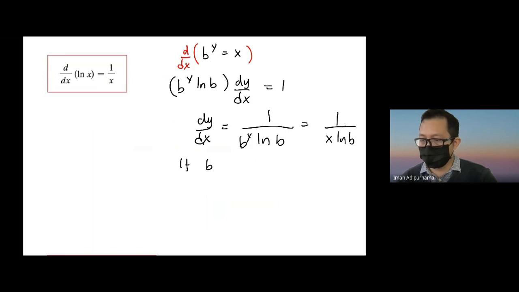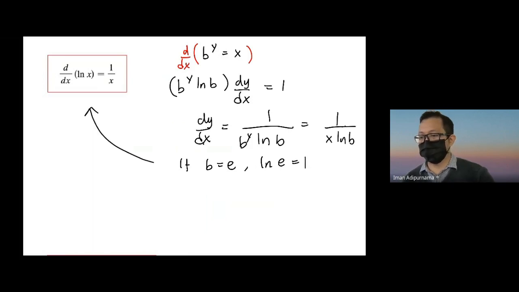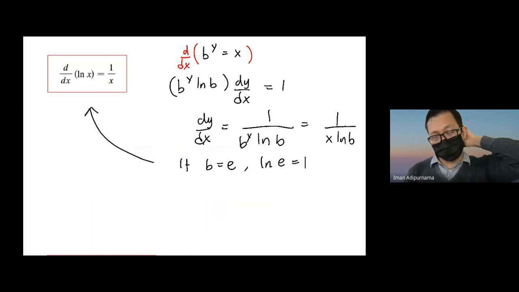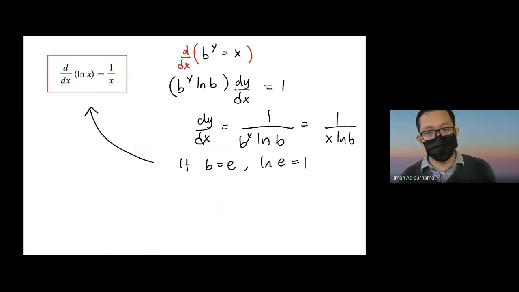And if b is e, then ln e is 1. And we can take this into our formula for the ln, the natural logarithm. Oh, by the way, I'm just uploading the video about the exponential and e. I hope that can help you to elaborate more.